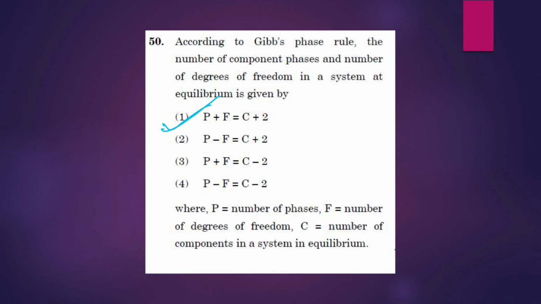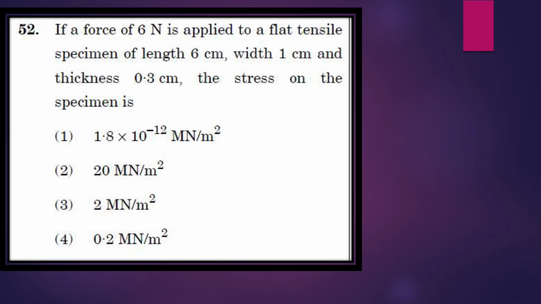If a force of 6 Newton is applied to a flat tensile specimen, length 6 centimeter, width 1 centimeter, and thickness 0.3 centimeter, the stress in the specimen is how much? We know our formula, stress is load divided by area. So load P equal to 6 Newton and length is 6 centimeter, width W is 1 centimeter and thickness T is 0.3 centimeter.